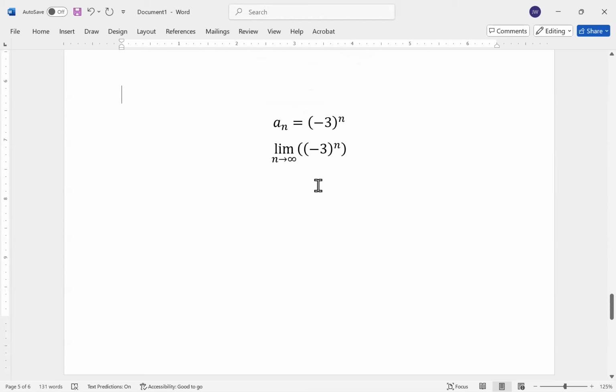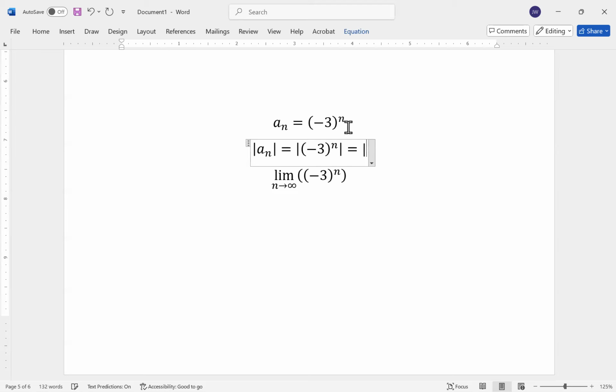This second one, like I said, something interesting happens. If I take the absolute value of a sub n, well, basically what you could do is take the absolute value of -3 to the n, and you can factor that.